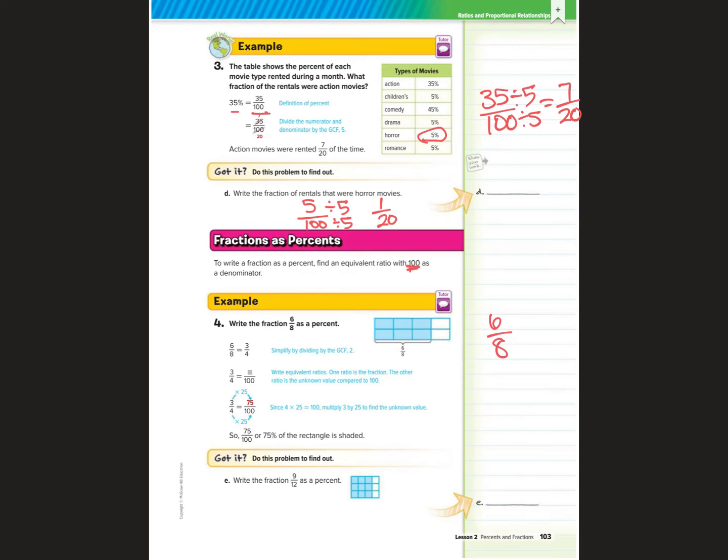Well, I can't, but I could reduce this, and then maybe that would work. Let's divide them both by 2, and I would get 3/4. Oh, 4, I can multiply that by 25 and multiply my numerator by 25, and then I would get 75 hundredths. So that would be the same as 75%, which is what they got here.